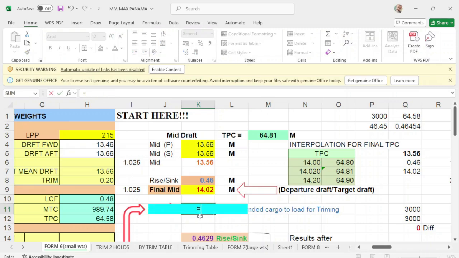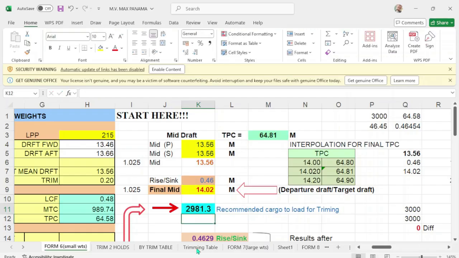Equals your sinkage, which is this one, K8, multiplied by your TPC, that will be M3, then multiply it by 100, and you will have the value of 98.81. Okay.